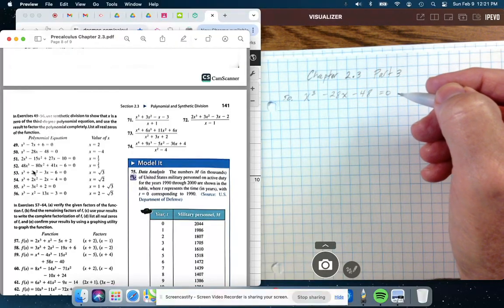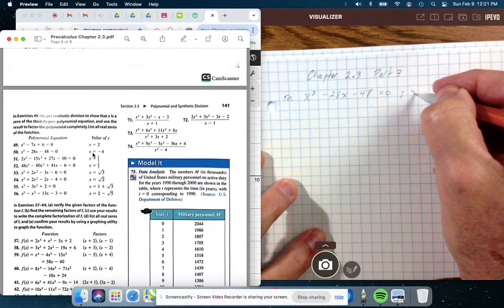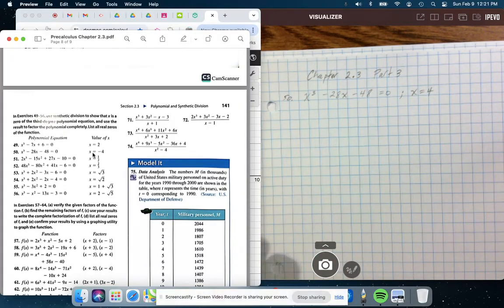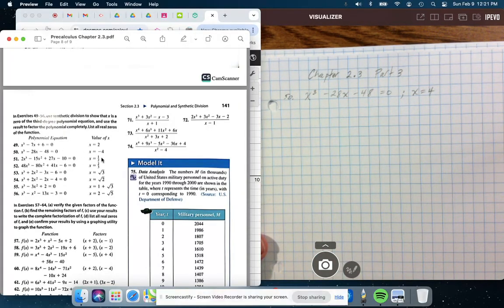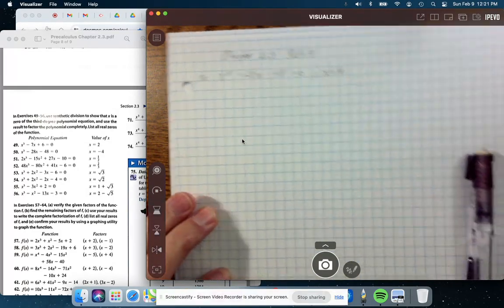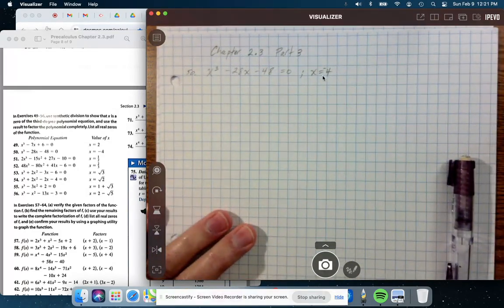And we're given that x equals negative 4. So the first thing we're supposed to do is show that this is in fact a 0 of this polynomial.